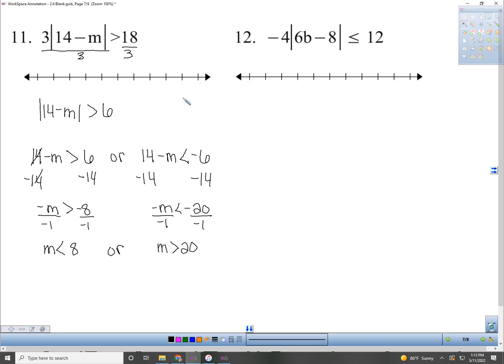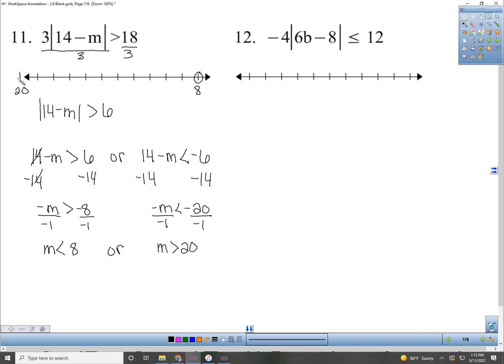So we have an or statement, and we're not going to be able to fit all of these on here. So we'll say this is 8, and we'll count by 2s. 6, 4, 2, 0, 2, 4, 6, 8, 10, 12, 14. All right, we're just going to pretend like 20 is out here. All right, so we're greater than 8. So open circle, shade to the right, or less than 8, I'm sorry.